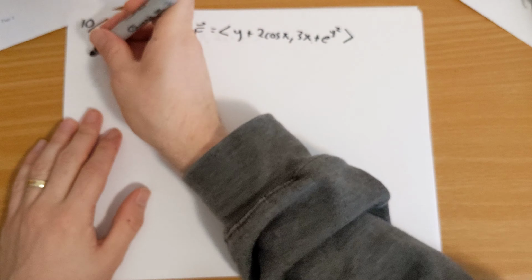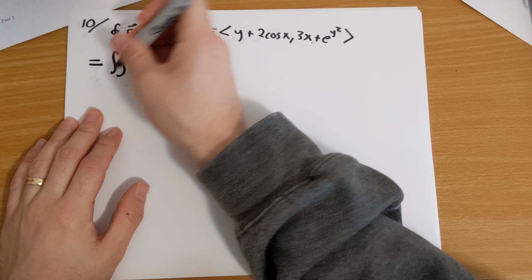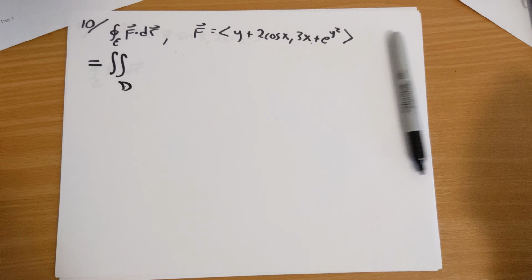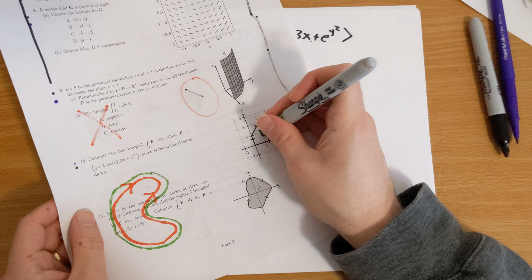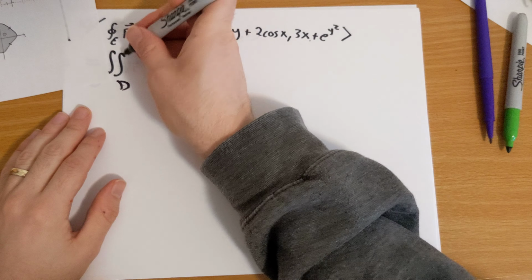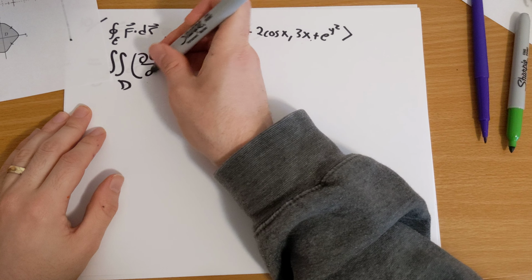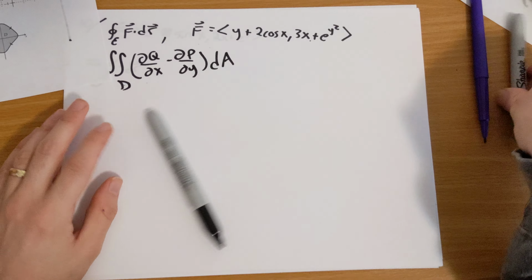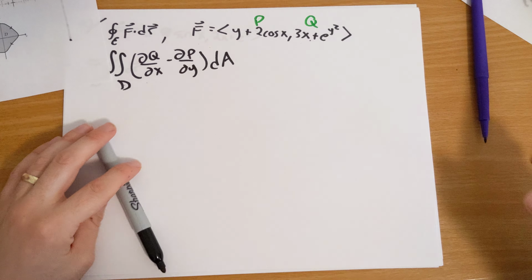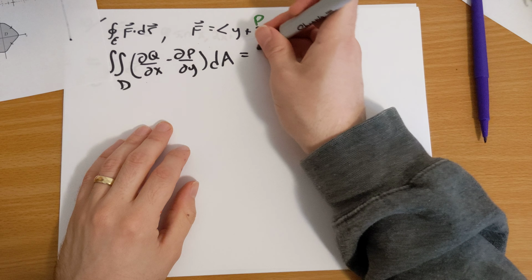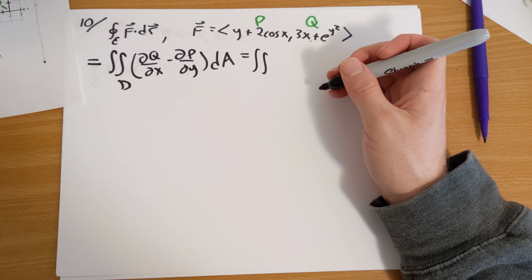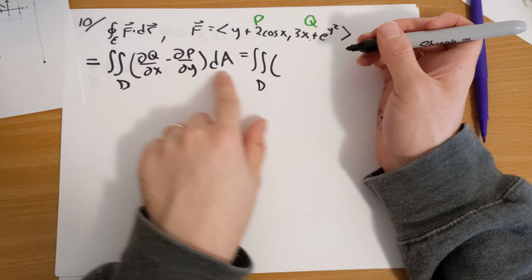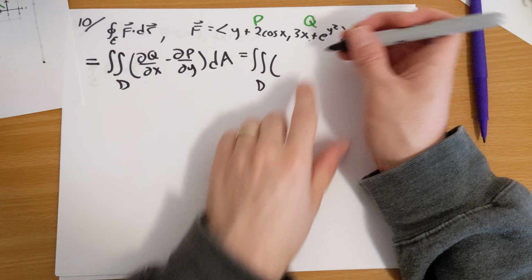But with Green's theorem, we can transform this to a double integral over just one region. So the region here, this will be D right here, the double integral over D of partial Q partial x minus partial P partial y dA. This is P, this is Q. So it's the integral over D. Partial Q partial x is 3.